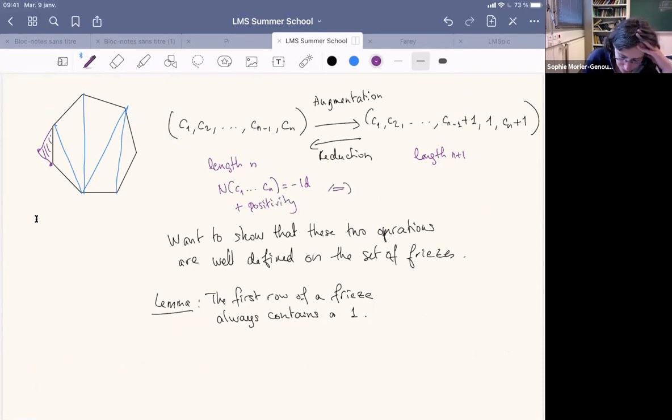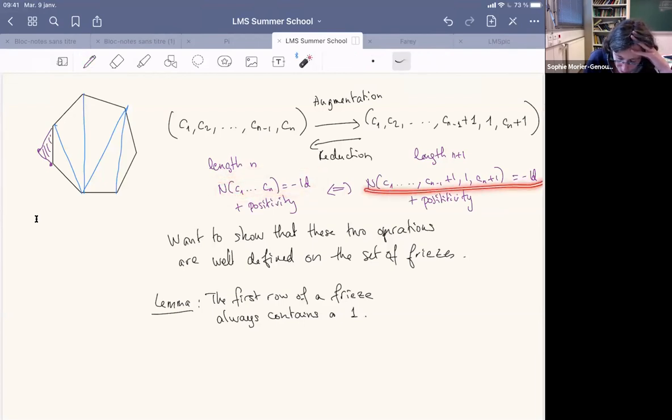But this is completely equivalent to having this. So if this matrix is minus identity, this one is also minus identity because we said that these two matrices are already equal. And for the positivity, you have to check the condition up to n minus 3, but it's the same as here. That's going to be the same condition.